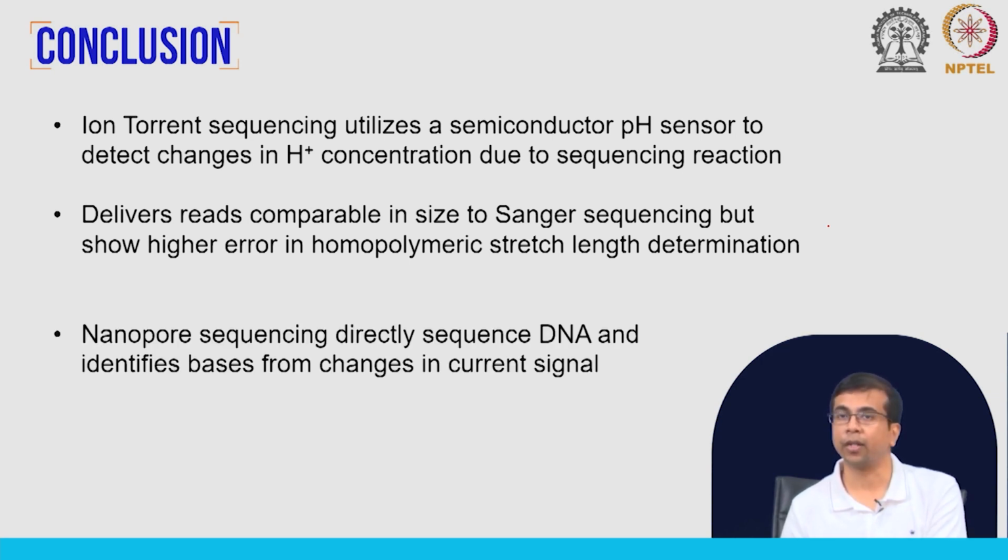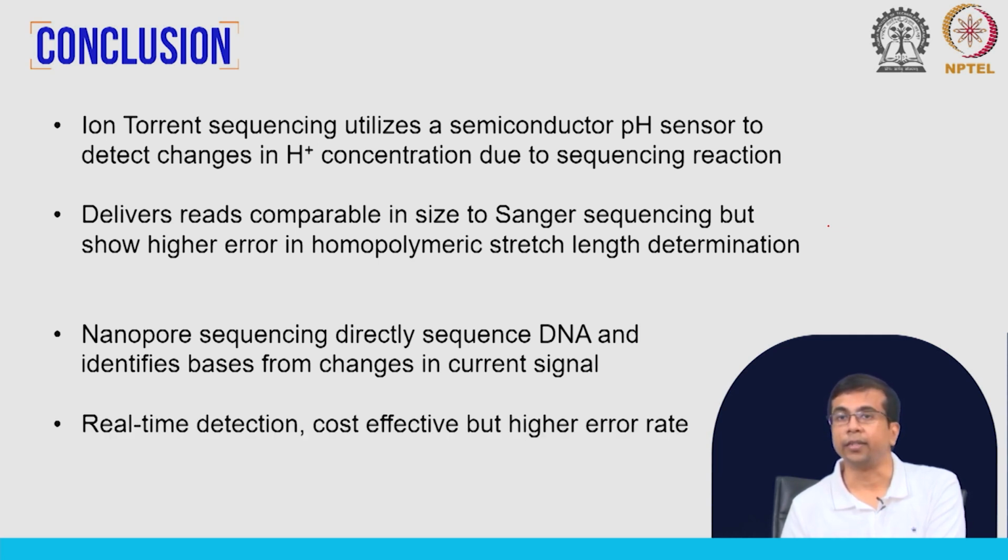We then talked about the nanopore sequencing technology, which is entirely different from the other technologies that we have discussed. This method directly sequences DNA molecules, and the detection happens through the change in current. A stretch or combination of bases will change the current in a unique way compared to other combinations. This helps in direct identification, and it is real time detection at the single molecule level.